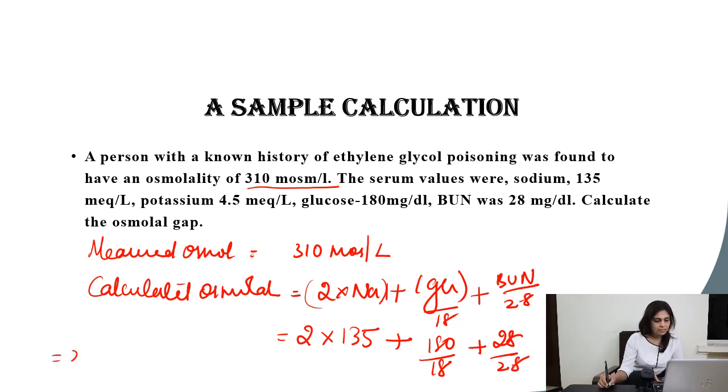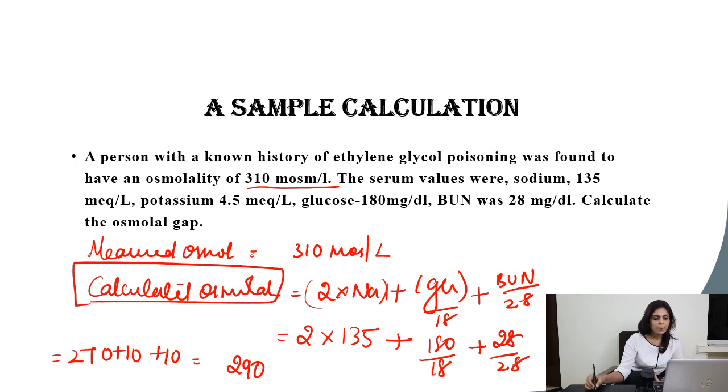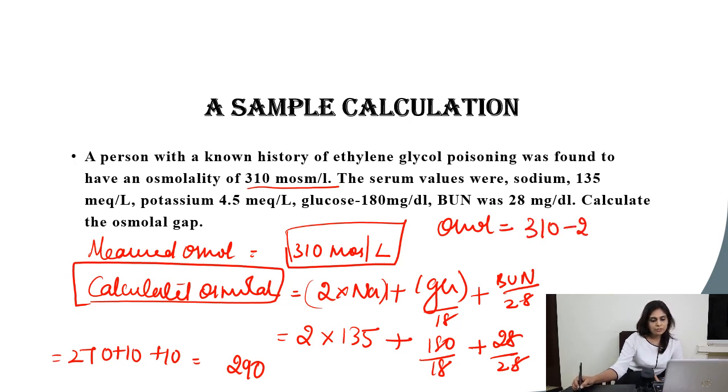The answer is 270 plus 10 plus 10, so the calculated value is 290. The measured value is 310. Osmolar gap is measured minus calculated, so it is 310 minus 290, which is 20 milliosmoles per liter.